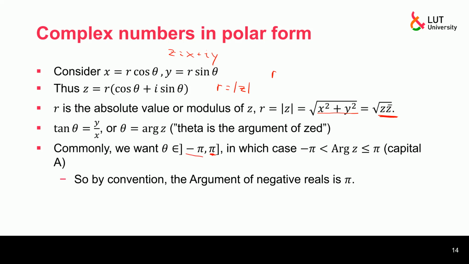This means that we limit the capital A argument of z to be greater than minus pi, and it can be up to pi. So if you're having a negative real number, say minus 9, then in this form it does have an r of 9, and the argument of minus 9 is pi.